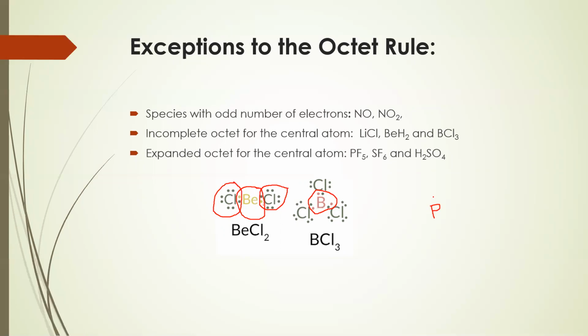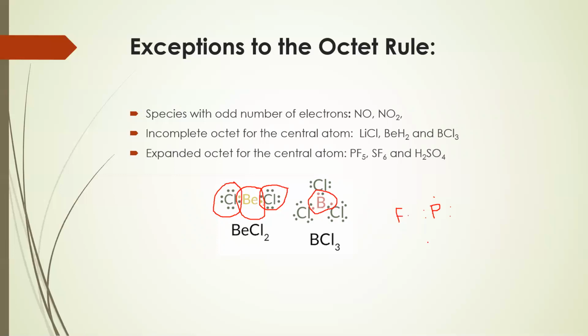Each phosphorus atom has 5 electrons in its outermost shell: 1, 2, 3, 4, 5. And each F atom has 7 electrons in its outermost shell.